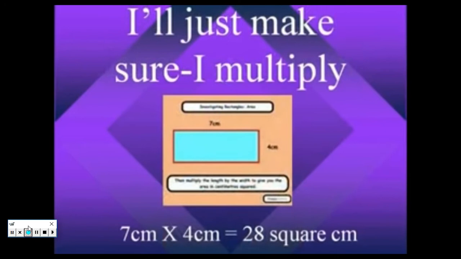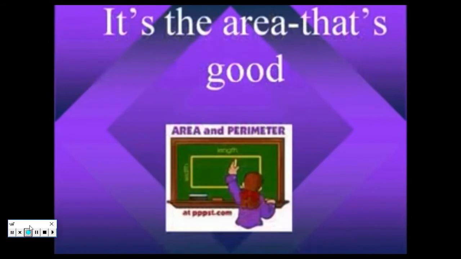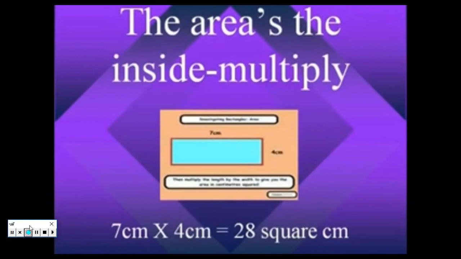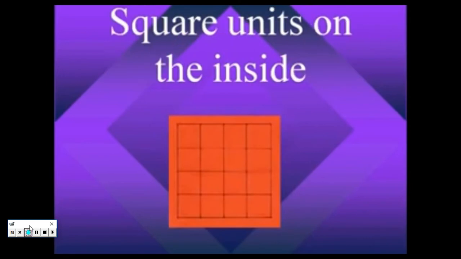I'll just make sure I multiply the length by the width, find square units inside. It's the area. That's good. The area's the inside. Multiply. The area's the inside. It's good. Square units on the inside.